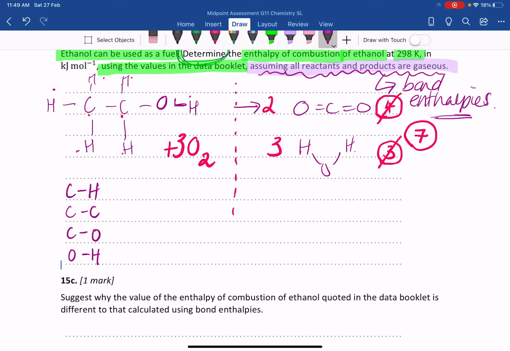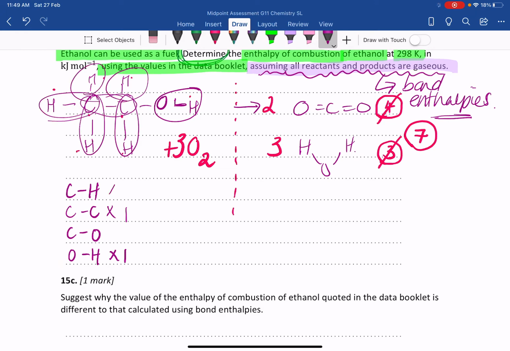Let me check: oxygen-hydrogen bond, 1 of them; carbon-carbon bond, 1 of them; carbon-hydrogen bonds, 5 of them; and a carbon-oxygen bond, 1 of those. These are the bonds that are broken. I've missed out my oxygens: I've broken 3 oxygen bonds.